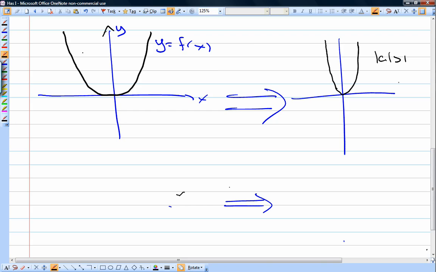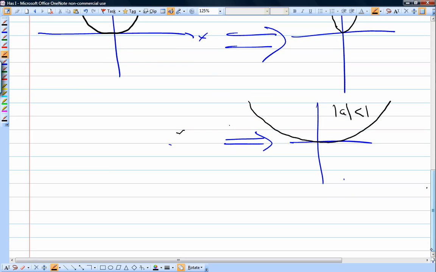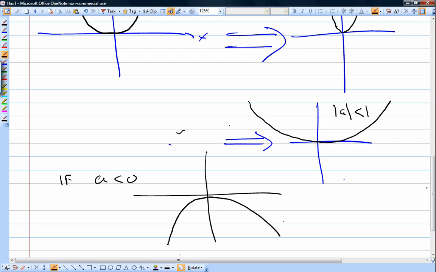See, all the y values have increased. And it will turn into a fatter graph if A is less than 1. Okay, so we'll get different points depending on the value of A. If A is negative, the graph rotates. So there's the role of A.